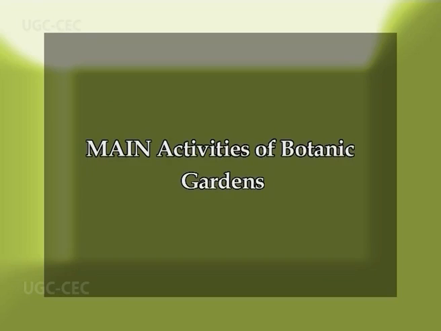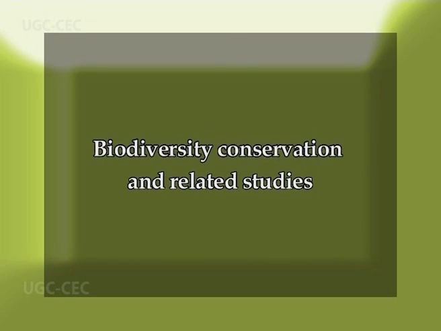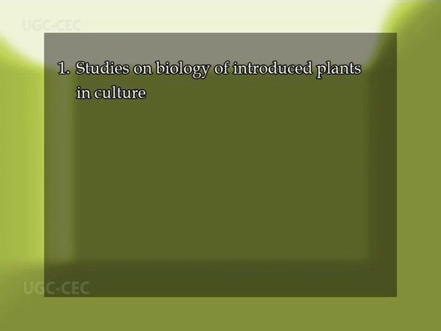Now, we will discuss main activities of botanic gardens. The main activities of botanic gardens are: number 1, biodiversity conservation and related studies. Under this heading, the following points are to be studied. First, studies on biology of introduced plants in culture.